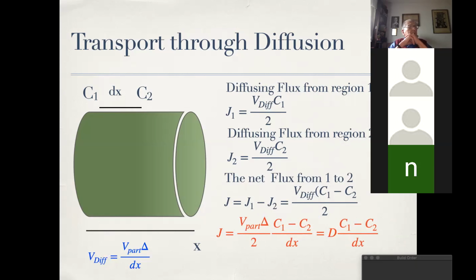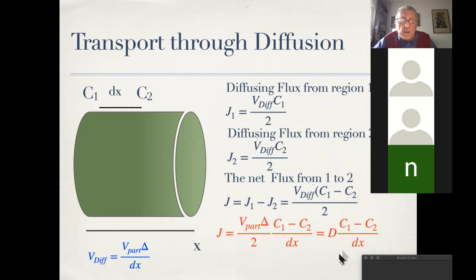And then, again using this relation, I can write that the net current from region 1, the richer in the substance, into the region which is poorer in the concentration of particles, is proportional to the ratio of the difference of densities divided by that length, times a certain coefficient. That coefficient is again our diffusion coefficient.